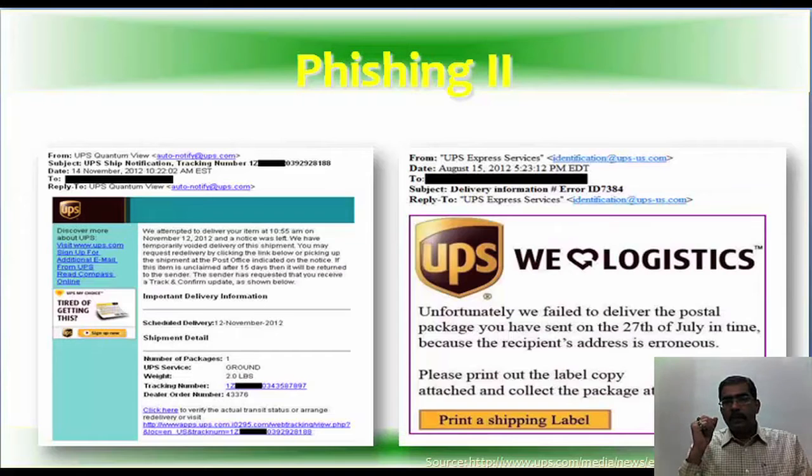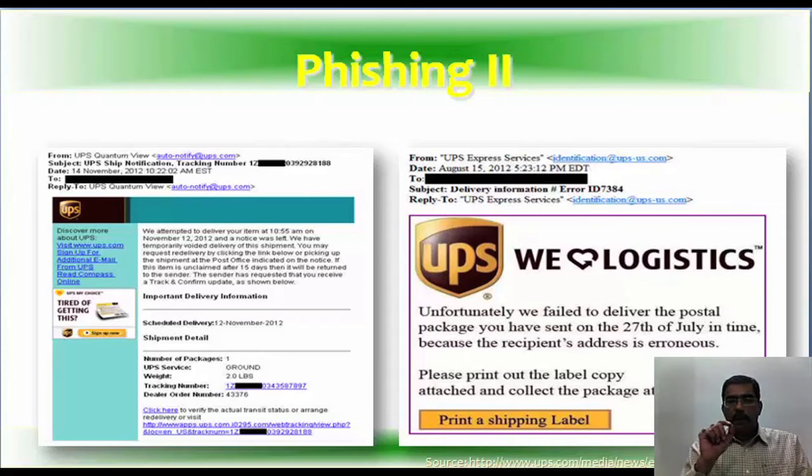It is very surprising to know that a lot of big companies have also been compromised. If you see on the left, it is appearing to come from UPS. So the UPS page itself has been created. In fact, two of them. On the right it is UPS Express Service and on the left it is UPS Quantum View.